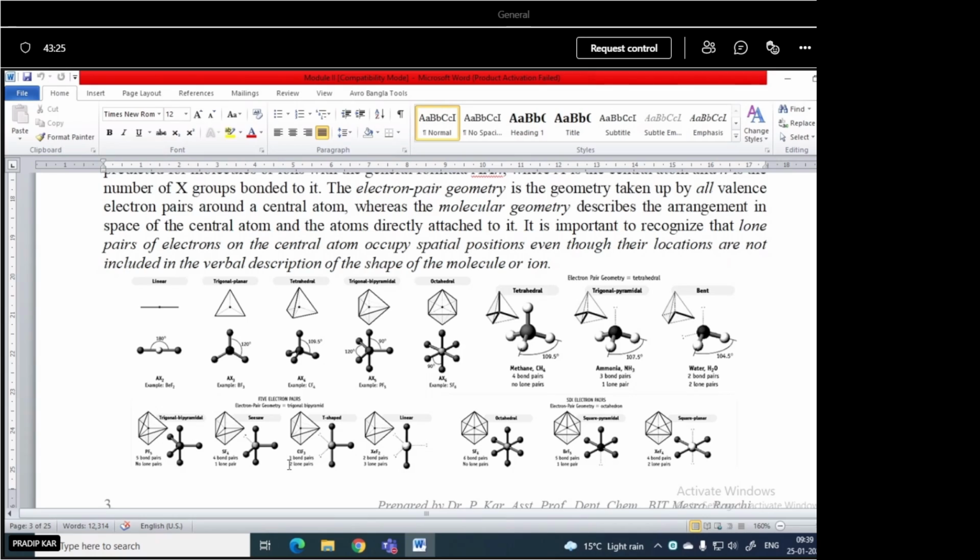Okay, and when we come to this, it forms a T-shaped compound because of interaction between two lone pairs. And XeF2, 2 bond pairs, 3 lone pairs, so it actually attains a linear, almost linear structure. Is it clear?